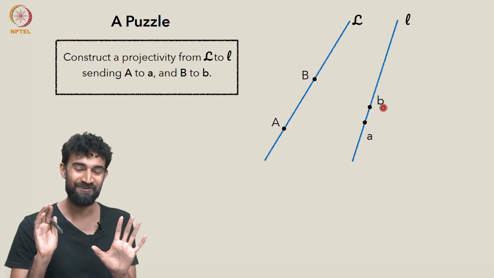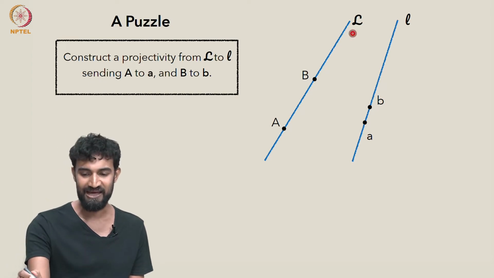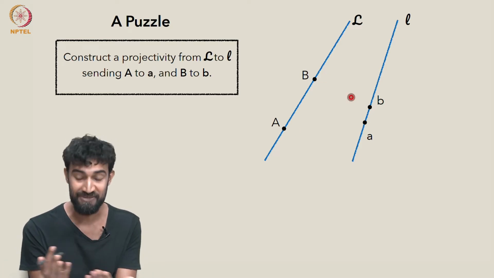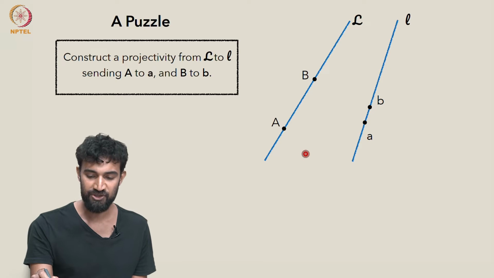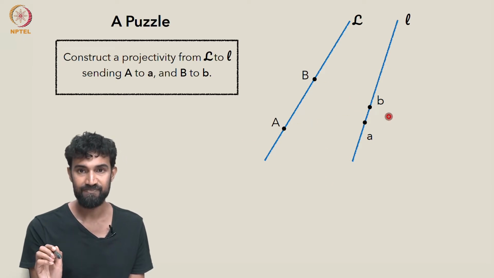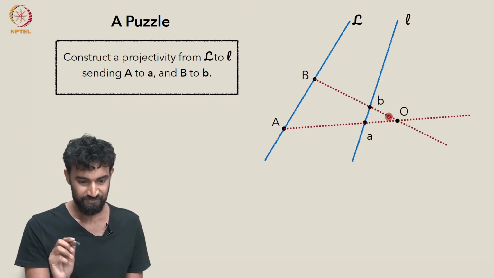So pause the video for a second and see if you can do that. For the time being, you can imagine that both the lines are just in the plane, the extended plane P2. Can you construct a projectivity sending A to a and B to b? Try and do it, and now let's see how it's done.